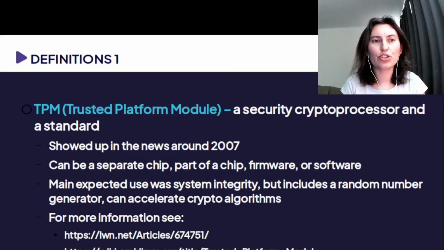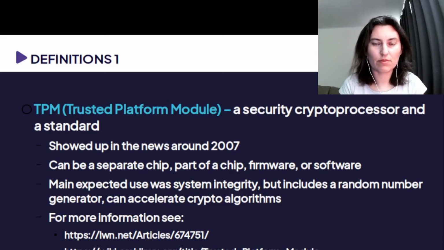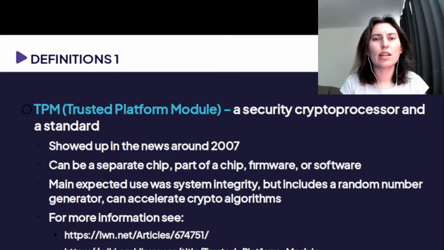The first that has shown up is the TPM, Trusted Platform Module. It is two things at the same time: a security cryptoprocessor and a standard. It has shown up in the news around 2007. A TPM can be a separate chip, and that is the big majority of the cases today, but it can also be a part of the chip. It can be in firmware, and it can be in software.